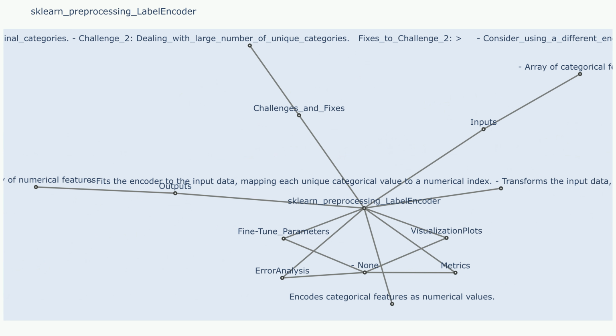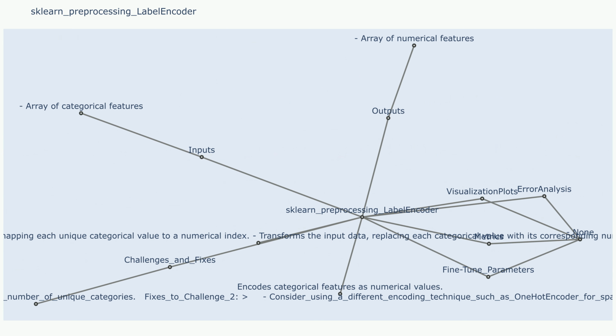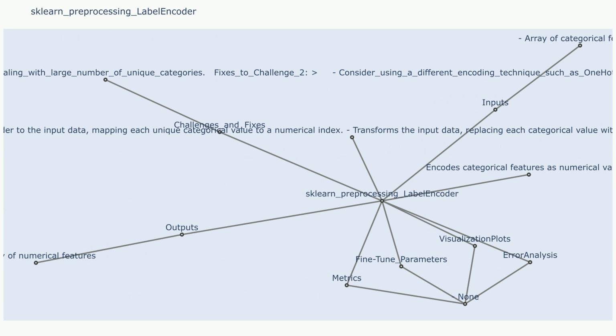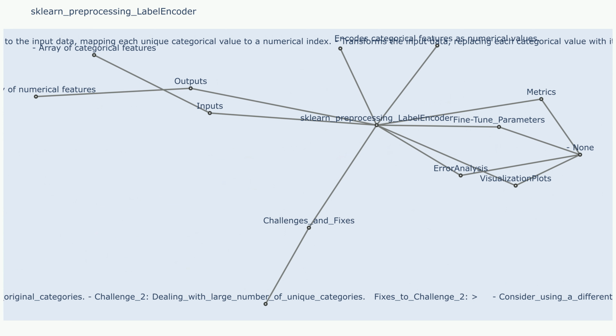Metric 1: none. Metric 2: none. Visualization plots. Visualization plot 1: none. Visualization plot 2: none. Fine-tune parameters. Parameter 1: none. Parameter 2: none. Uncertainty methods. Uncertainty method 1: none. Uncertainty method 2: none.